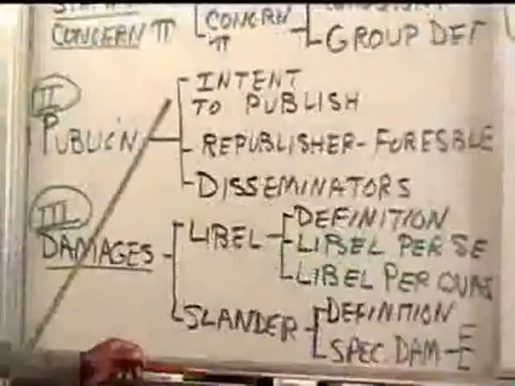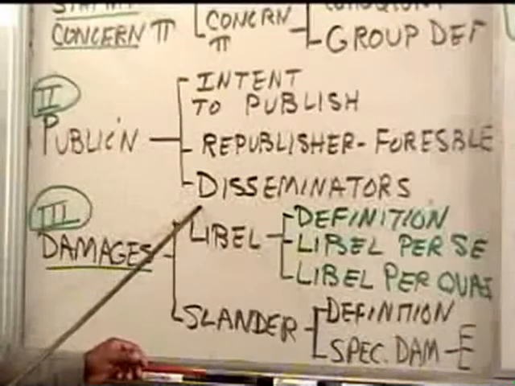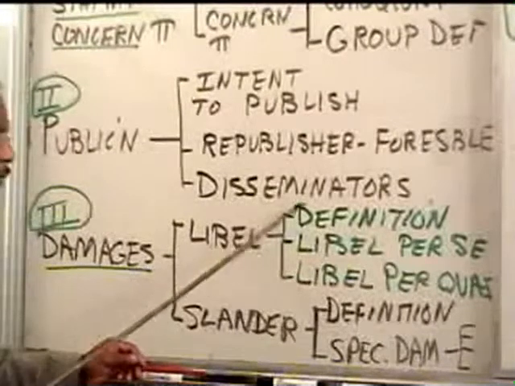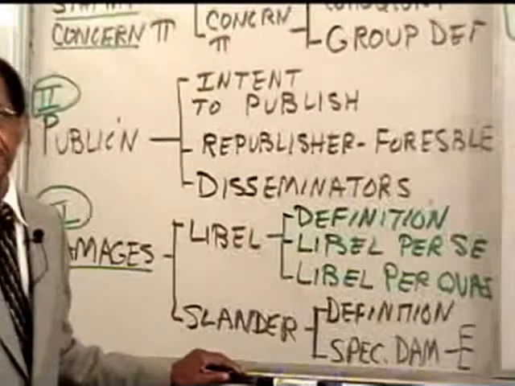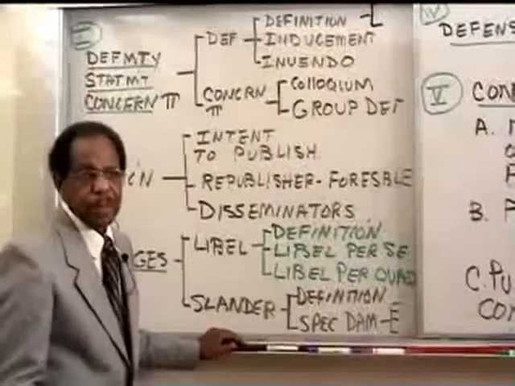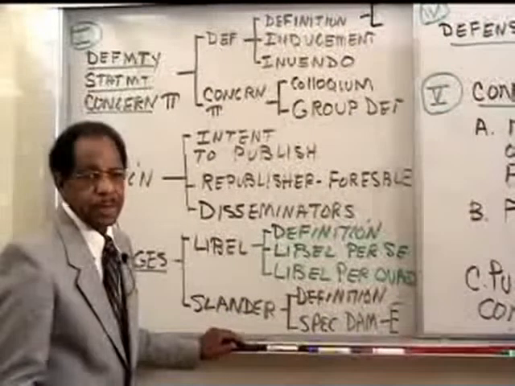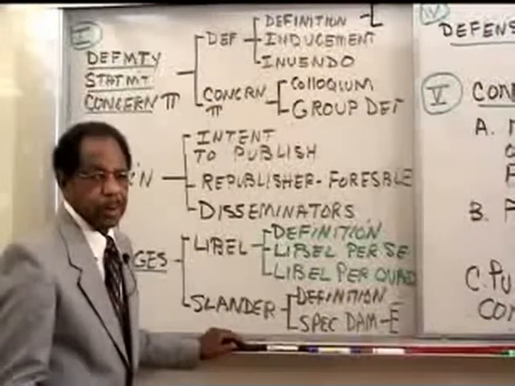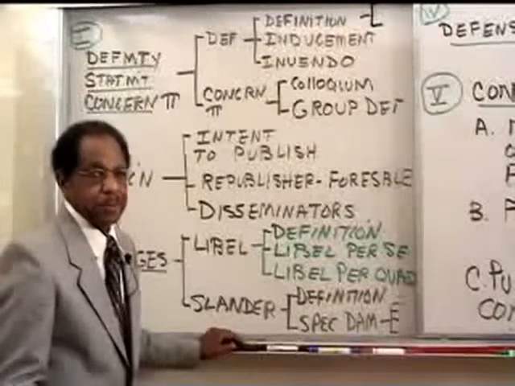Next, under publication comes the disseminators. Now the disseminators generally are people such as newspaper sellers. And so if you're selling newspapers on the corner, you are further disseminating the defamatory statement.